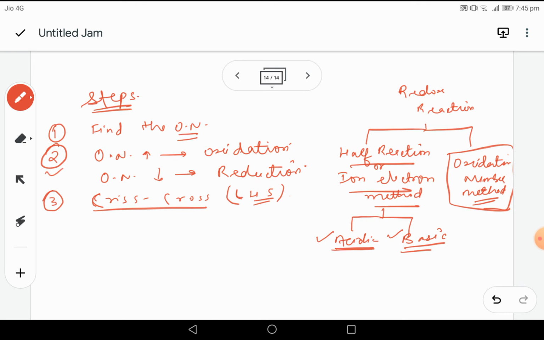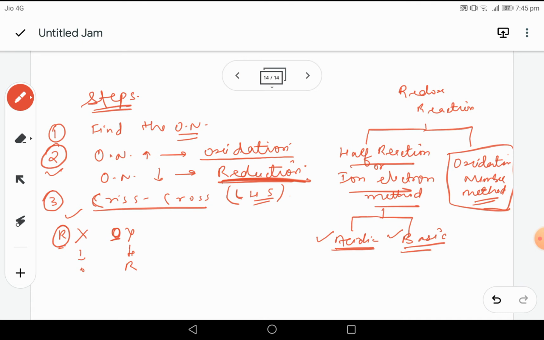In the second step we find that something will undergo oxidation and something will undergo reduction. Suppose this is X and it has undergone oxidation, so we will write the number of reduction over here, okay? And suppose this is Y which has undergone reduction, but we will write the number of oxidation over here, right? You will understand what that means.